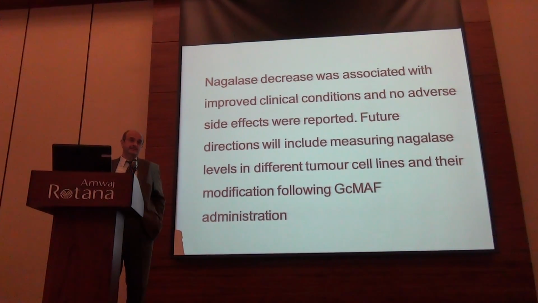But it's interesting. This comes back to the previous question, and that is why Nagalese testing is not widely spread. If you search for a kit to measure interleukin-1, you will find 100 companies with 100 kits, and you can buy them. But there isn't, to the best of my knowledge, a kit that you can buy from the market to do Nagalese in your lab, at least for the time being.